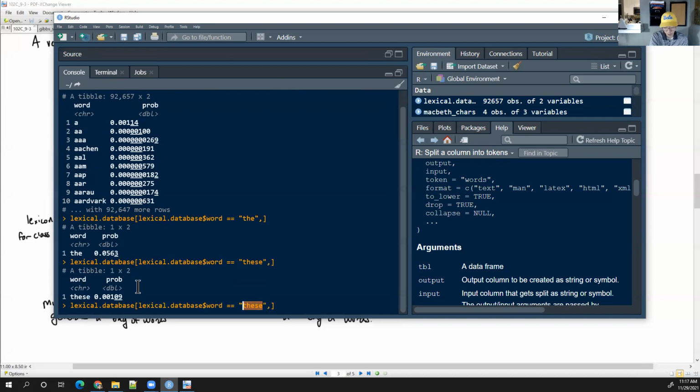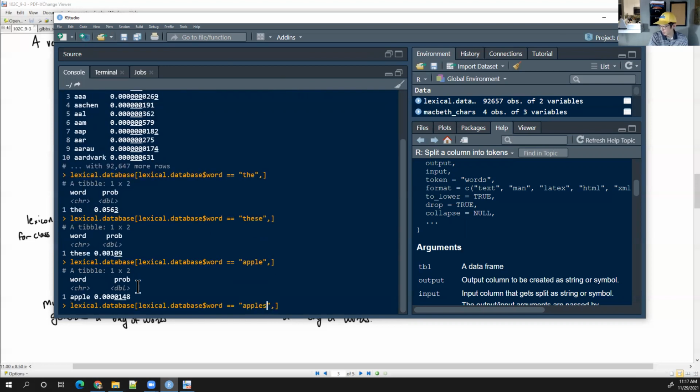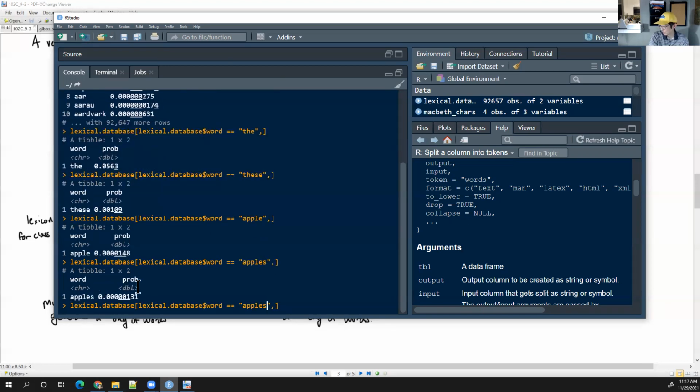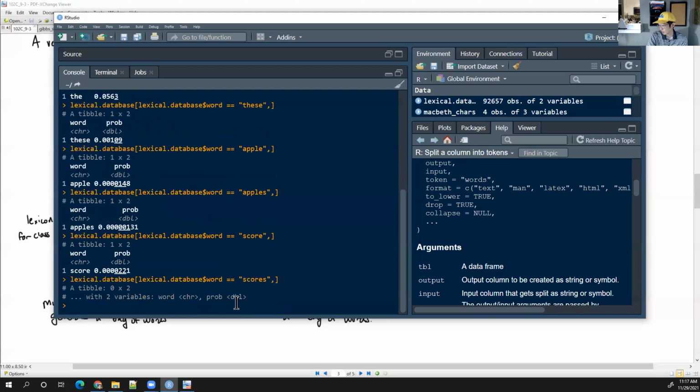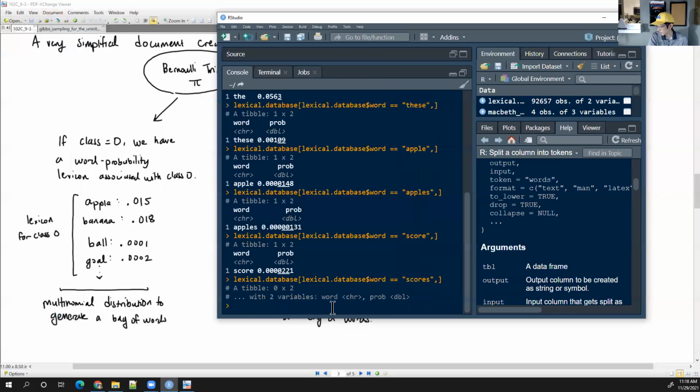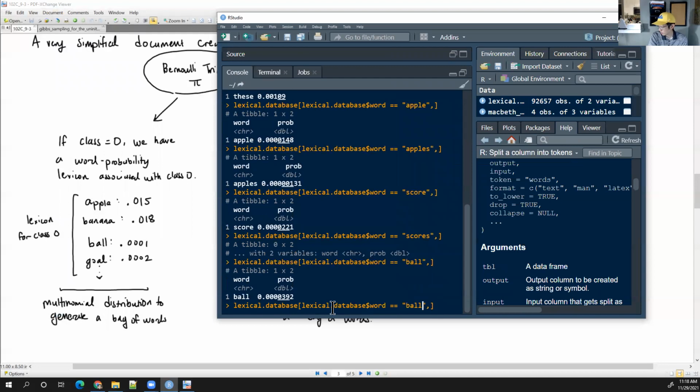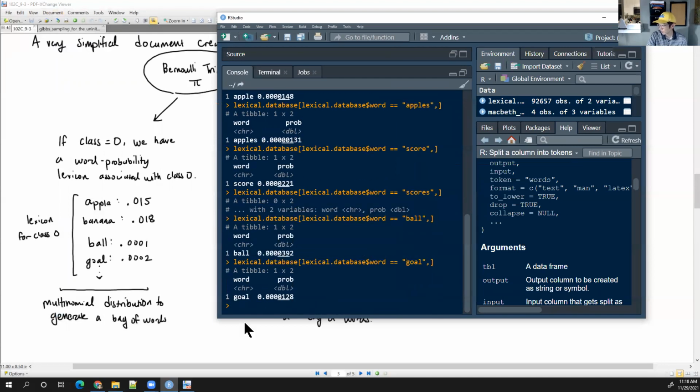So we could say, what's the probability of apple versus apples, or scores, or I guess there's no instance of the word scores, but goal. Okay. So right now we have different probabilities associated with each of these words.